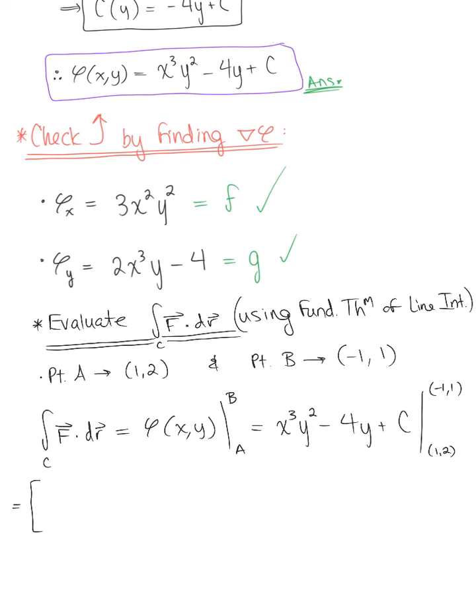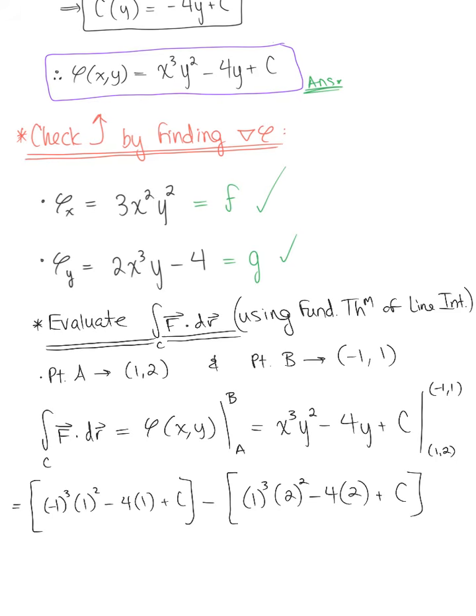So with our first point, we have x is negative 1, so I have negative 1 cubed multiplied by positive 1 squared minus 4 times positive 1 plus c, minus, now we have 1 cubed multiplied by 2 squared minus 4 times 2 plus c.